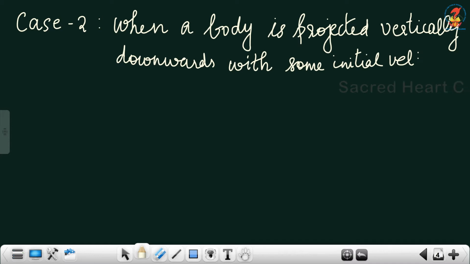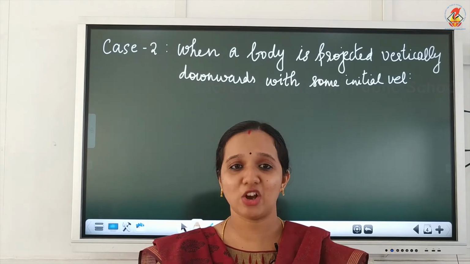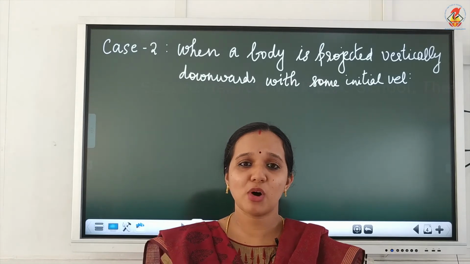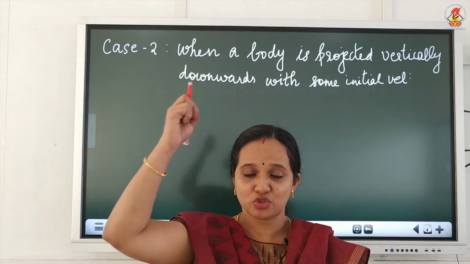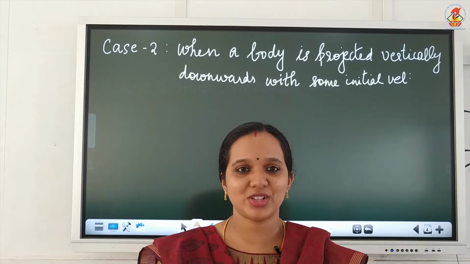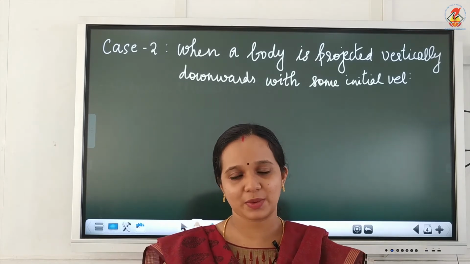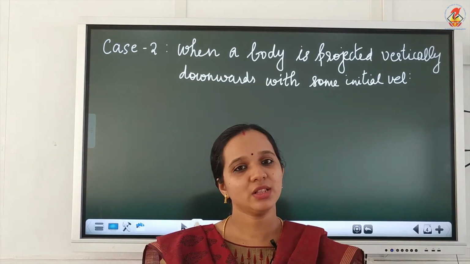So, a body is dropped from a height with some initial velocity. For example, a boy who is on the 3rd floor of a building is dropping a ball vertically downwards with some initial velocity. Then how will these equations of motion change in this case?